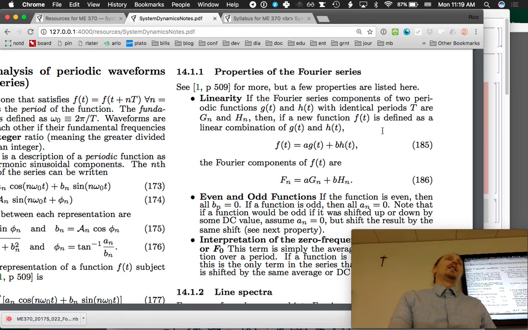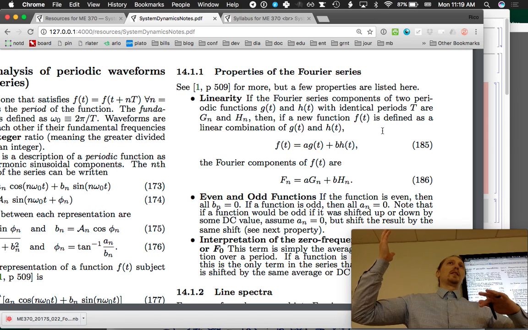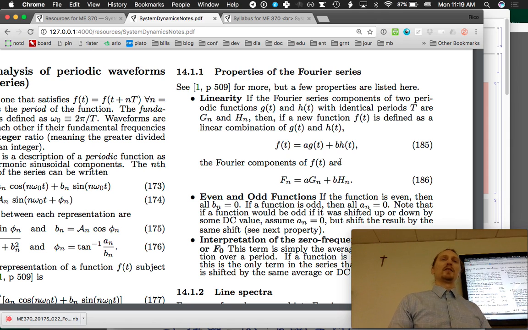So that's nice. That's convenient. It allows you to build Fourier series representations from simpler ones, so you can build a more complex one by just summing and scaling them.